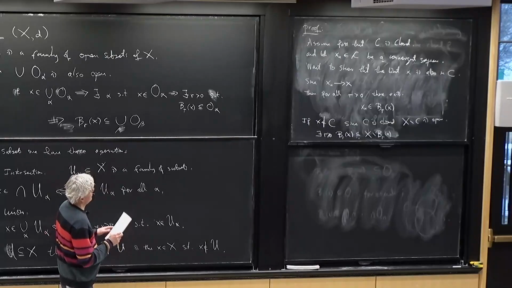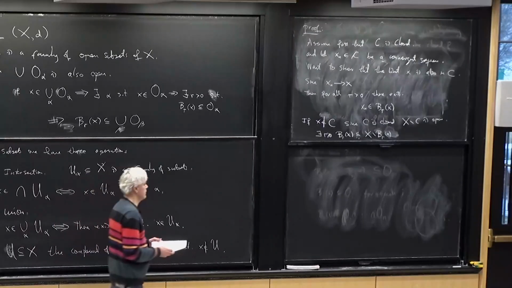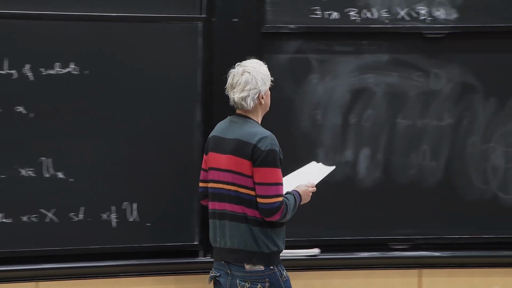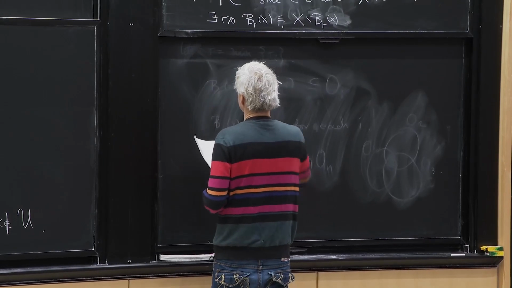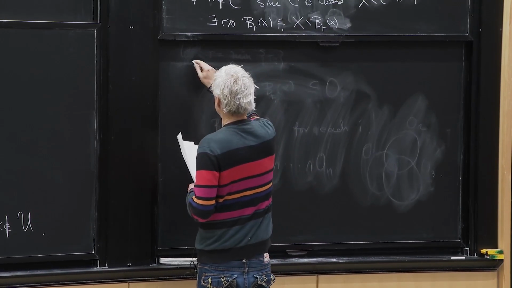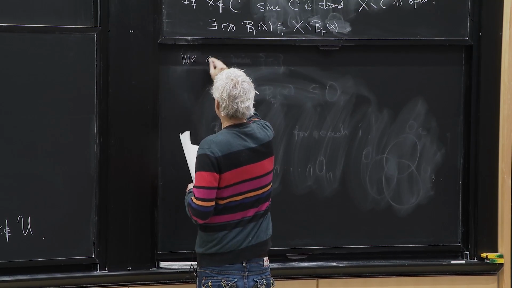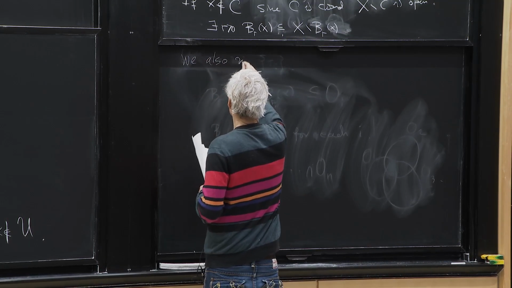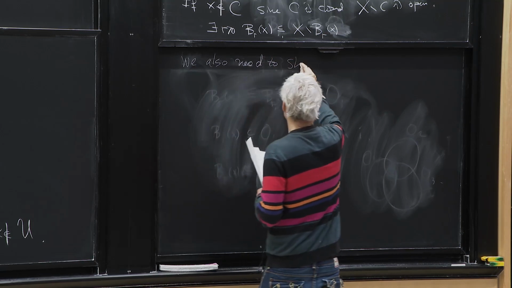So suppose you have a set and you knew that whenever you have a convergent sequence in that set, then the limit is also in the set. So we also need to show the converse.